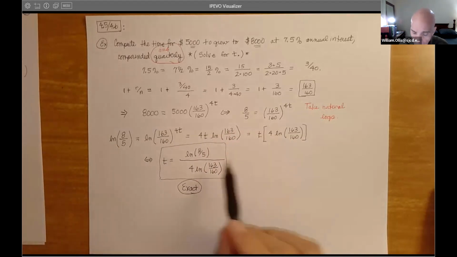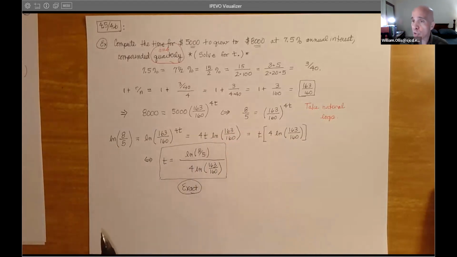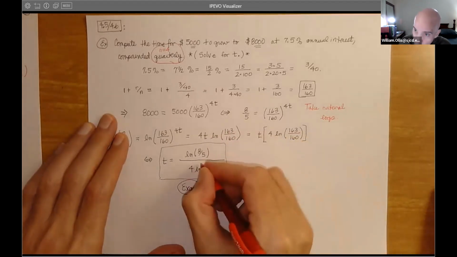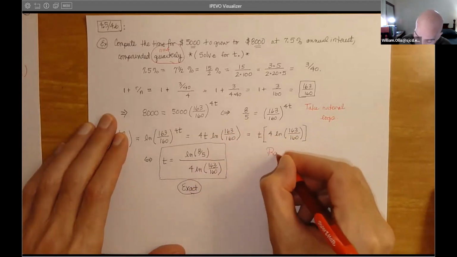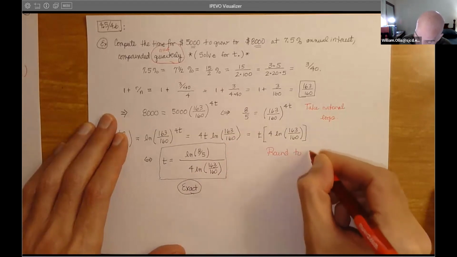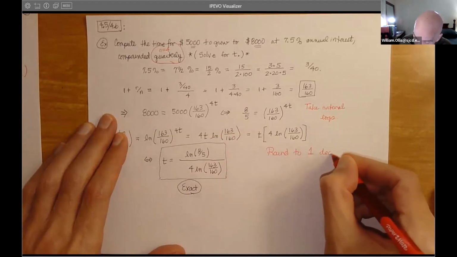Now, at this point, you can use your Google calculator and get a nice approximation. For instance, in this case, maybe WebAssign would say the following. Once you get your exact answer, you could say round to 1 decimal.